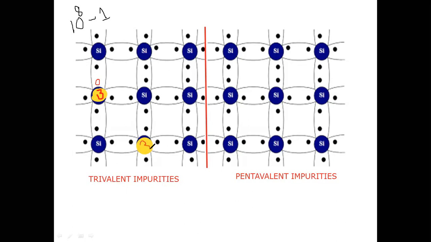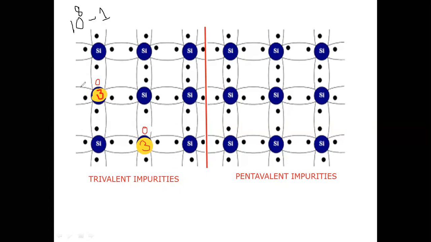So it makes bonds with the three neighboring silicon atoms, 1, 2, and 3. And here there is a vacant space, which I will represent with a hole.